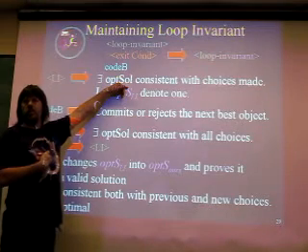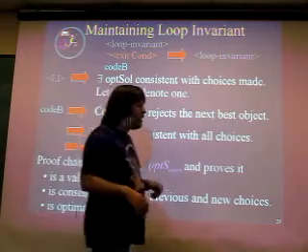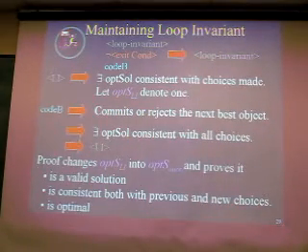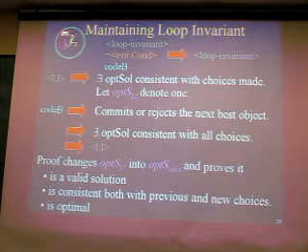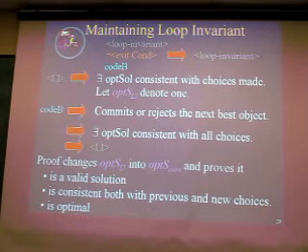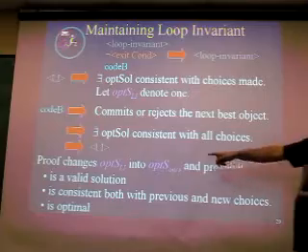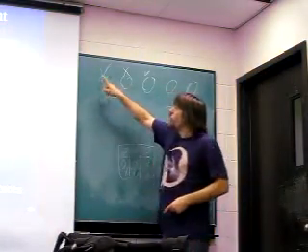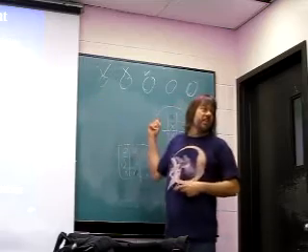Here are all the objects. So far we accepted this one, rejected this one, and accepted this one. That's what the algorithm has done so far. What is this? Well, it's a decision about everything.